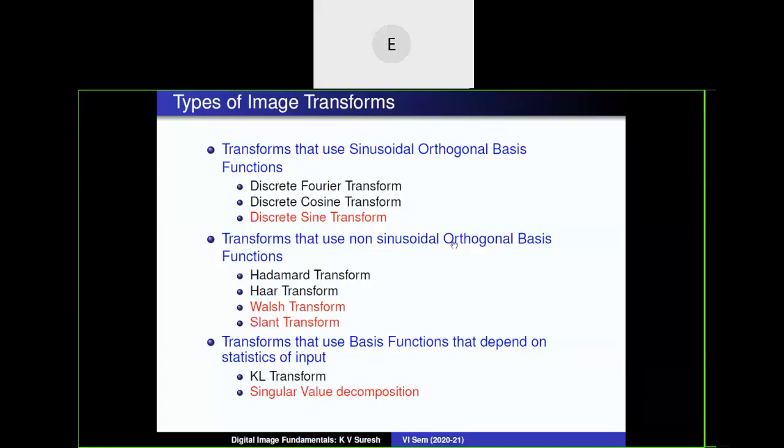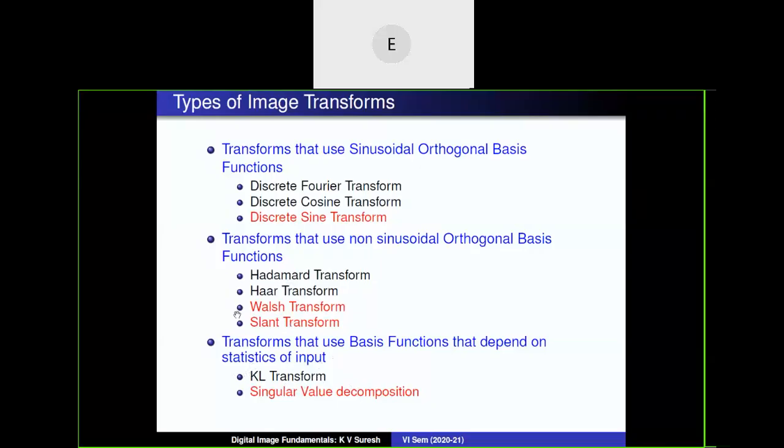Whereas here, since it is independent of the signal, I can just calculate the basis functions and keep them with me always. Whereas there, every time I give you the data, you need to first calculate the basis functions and use them to transform the data. A good example is the KL transform, and singular value decomposition, which we are not going to discuss in this course. We will only discuss the KL transform.